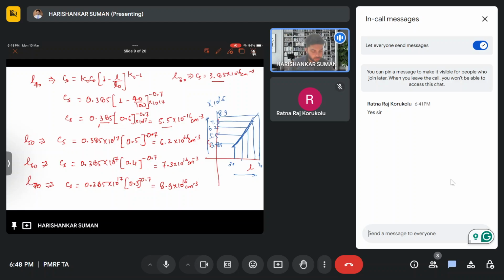Okay, so the plot will look like that, not in a straight line, but like a curve. Okay, clear? Any doubt?